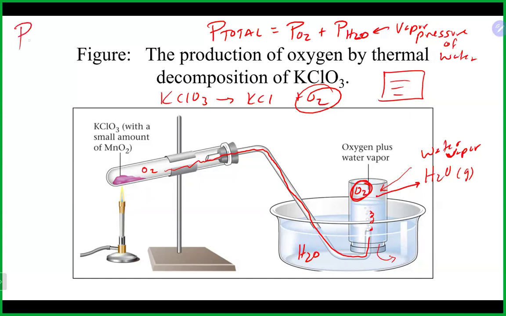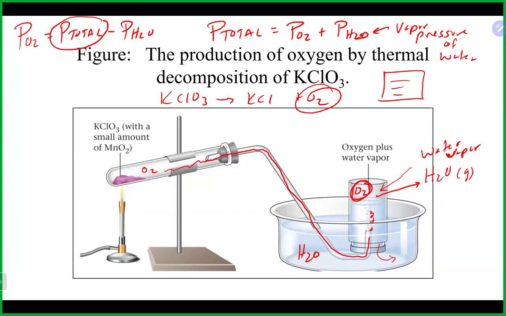To find the partial pressure of oxygen, we take the total pressure minus the vapor pressure of water. The total pressure, when you're doing an experiment like you did on Monday, is the barometer reading, the atmospheric pressure. In book problems, they typically will give you the total pressure or the atmospheric pressure. They'll mention it in the problem, and it's basically just a subtraction here.